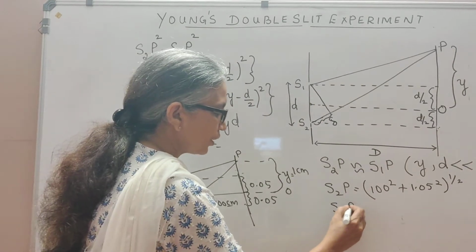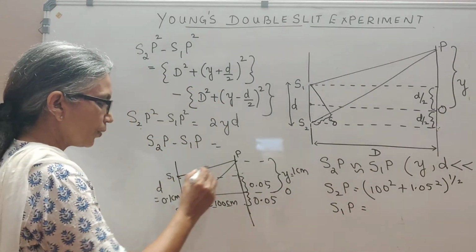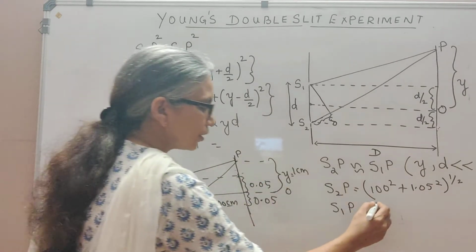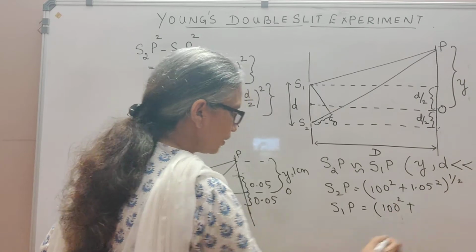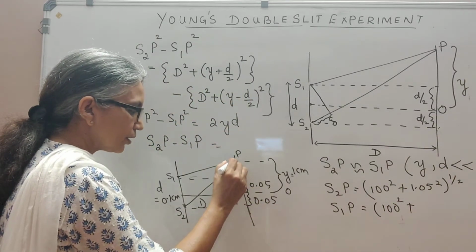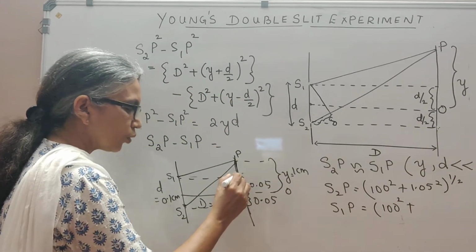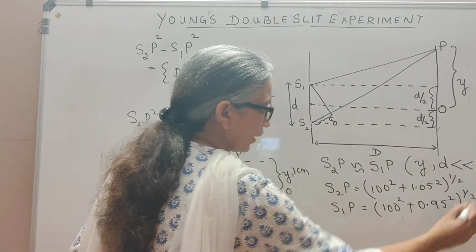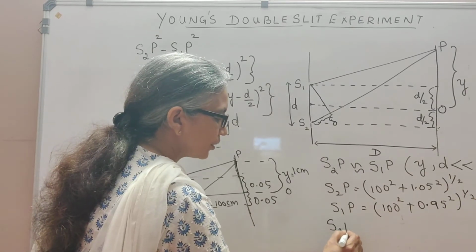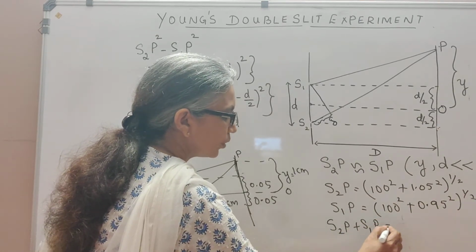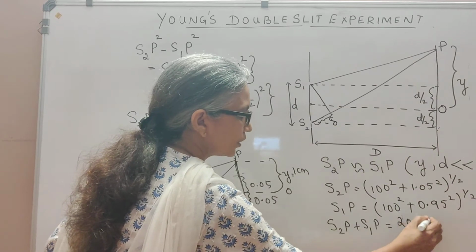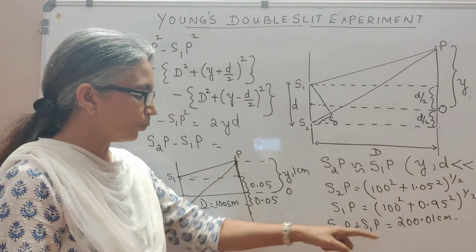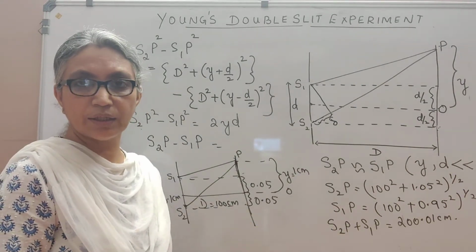Now S1P, if I substitute in my example, S1P from this triangle here, the base is 100 and so this is 100 square plus this much only. I need only this distance, that is 1 minus 0.05 will be 0.95 the whole square root of that. If I add now this S2P and S1P, you will see you are going to get 200.01 centimeter. If you calculate and see, you will see that this S2P plus S1P is 200.01 centimeter.